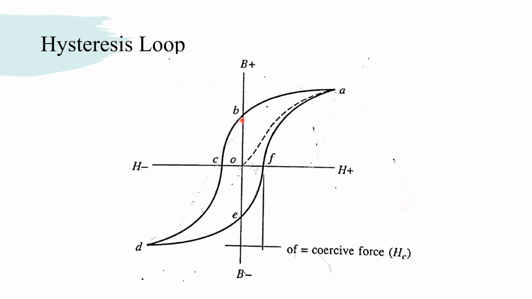After that, as H is reversed, it goes to point C, that is coercivity. And in the negative direction, it will go to the saturation point D, and when it comes back, that is called E, and follows point F, and then goes to A. So this loop is created. This loop is known as the hysteresis loop.